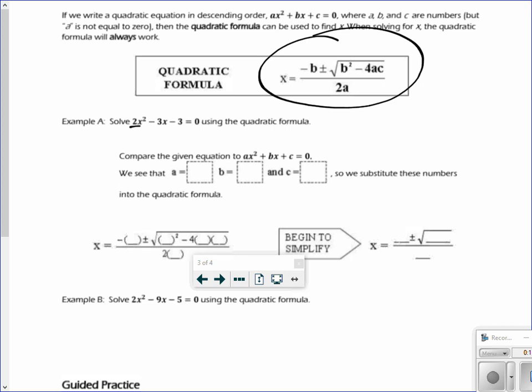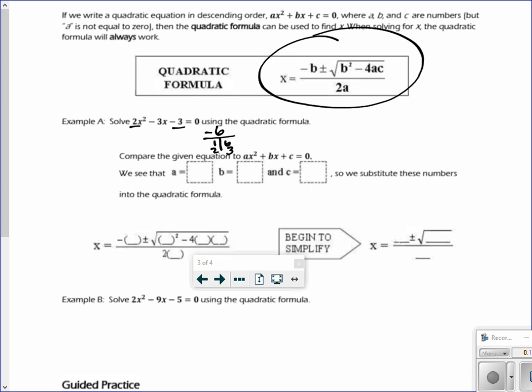There's a number in front of x squared, so that has to multiply with a constant. So that is -6. We need numbers that multiply to give you -6. But what else do they have to do? Add up to -3. Numbers that multiply to give you 6 are 1 and 6 and 2 and 3. Is there a combination of those numbers that's going to add up to -3?